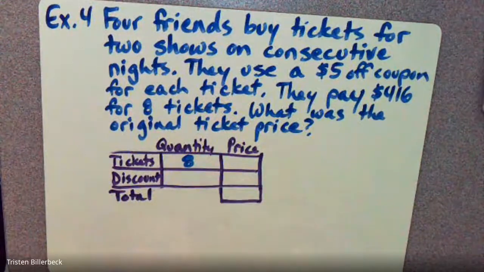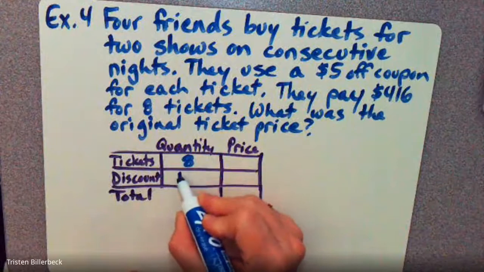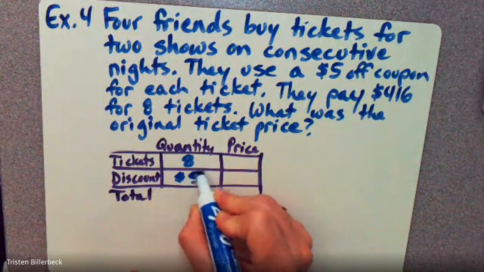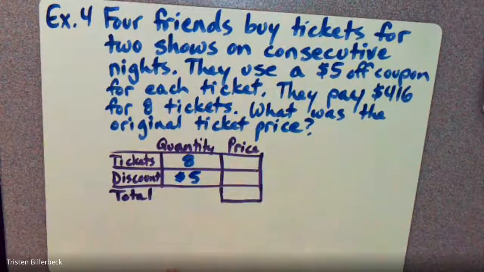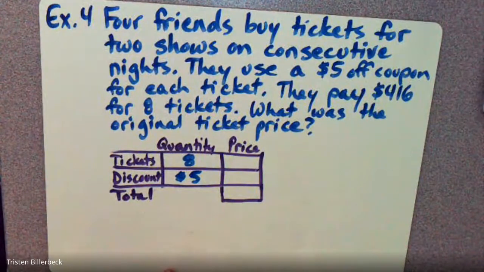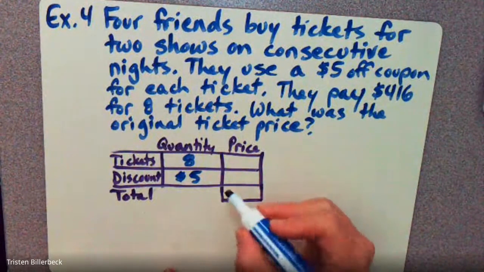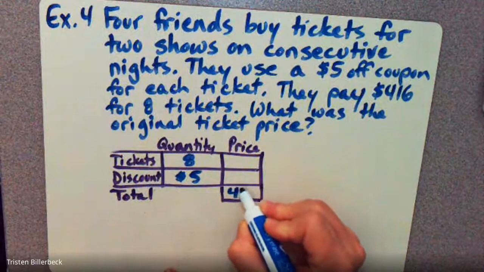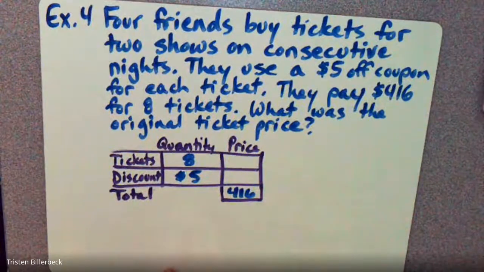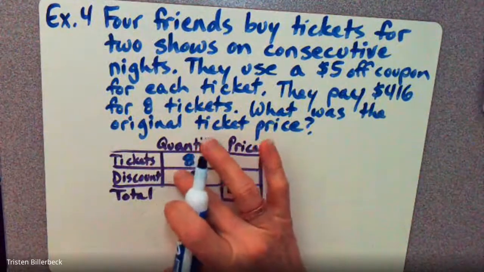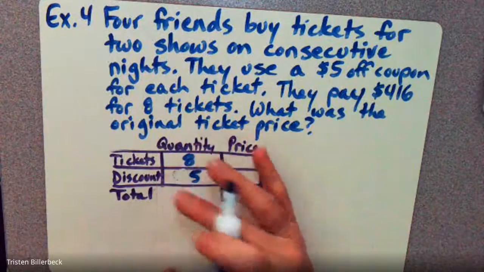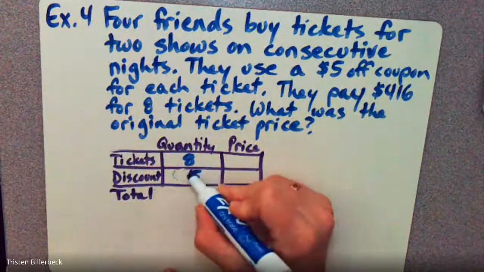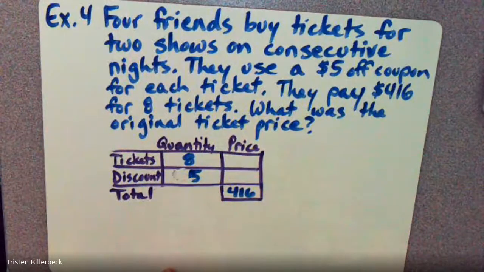They use a $5 off coupon, so they have a discount of $5 for each ticket. They pay $416. I'm going to take this off because it looks like a blob and it doesn't look like a dollar sign. Sorry about that. Okay, so they pay that amount.